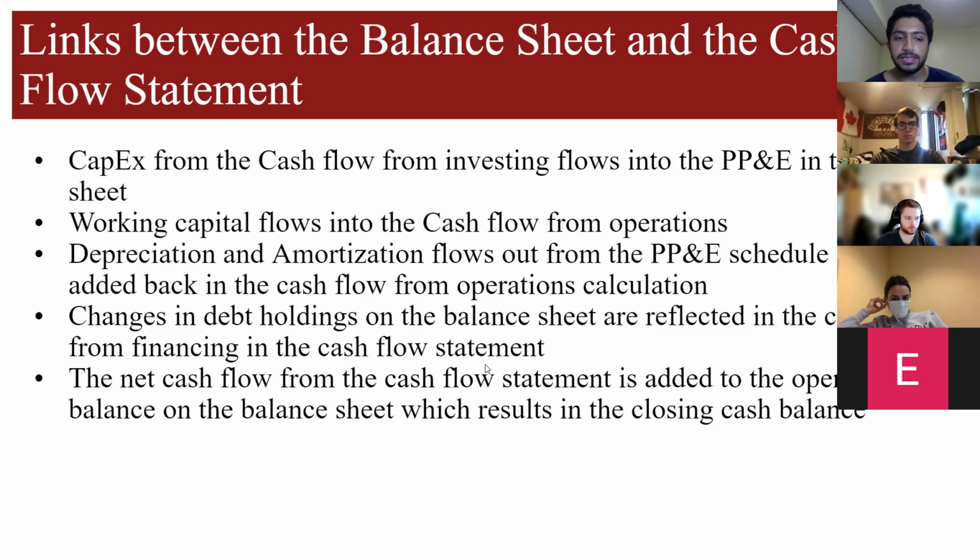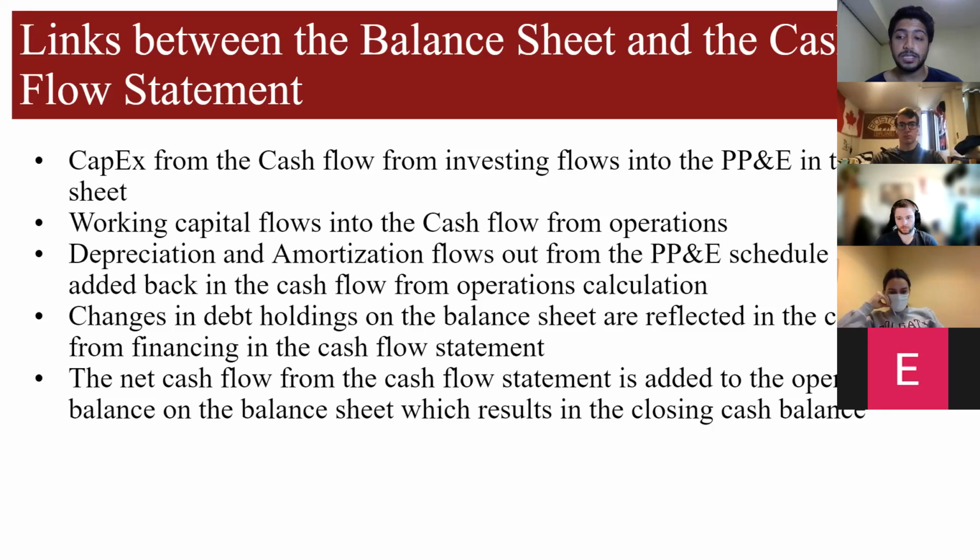The next point is that the net cash flow from the cash flow statement is added to the opening balance on the balance sheet, which results in the closing cash balance. As I talked about last week, the balance sheet is just a snapshot of a company's financial health. It is not over a period of time, but at a point in time.